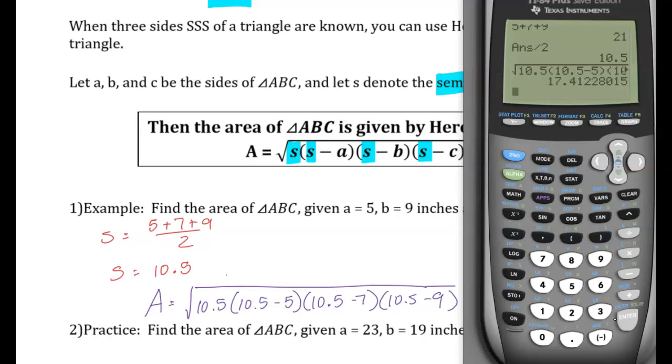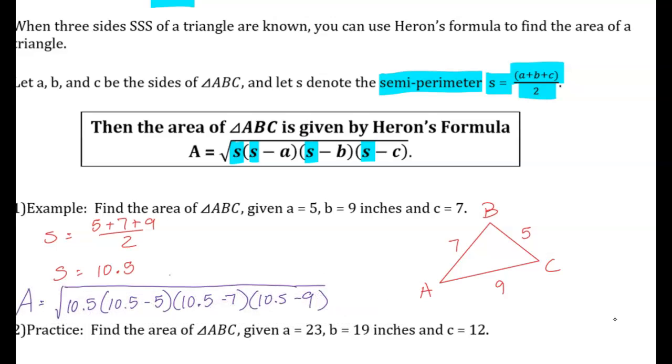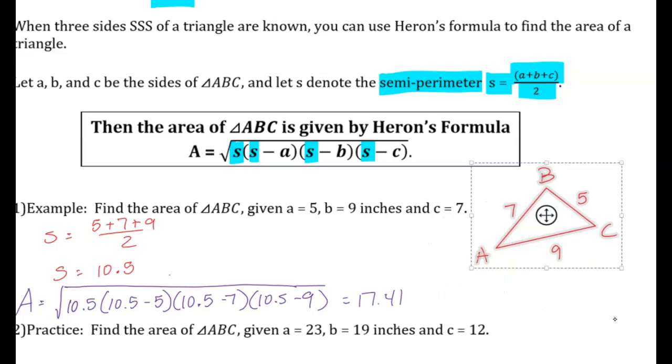That's it. Oh, I didn't leave myself any room. And then our unit, as always, because this is area, is inches squared. Well, oh, they do say inches here.